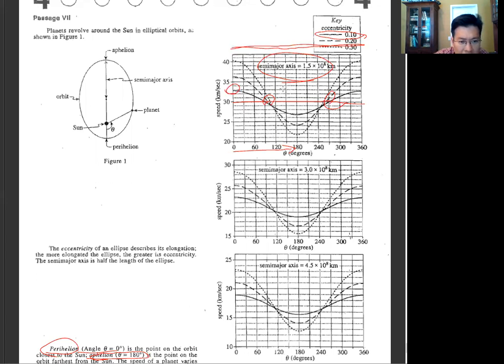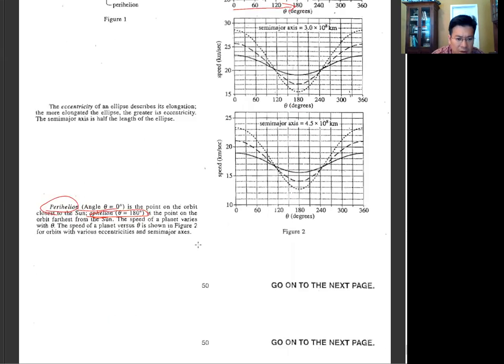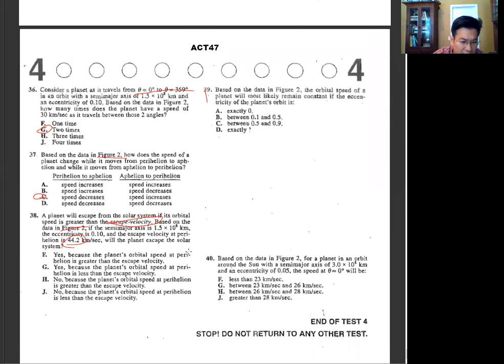And then this is the highest it can go. If you think about it, you're not going to touch at all. So J.